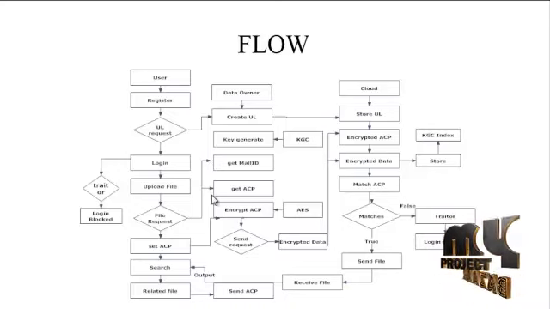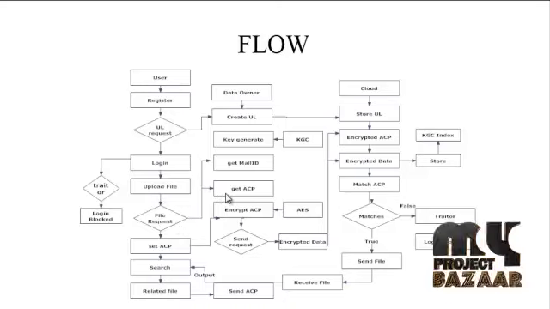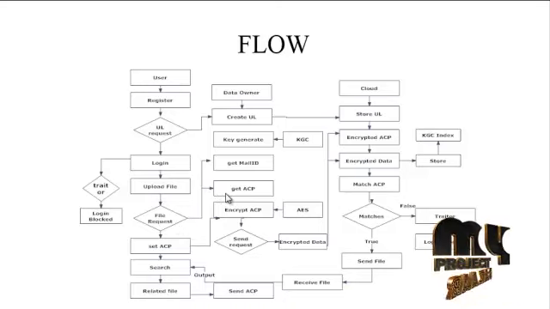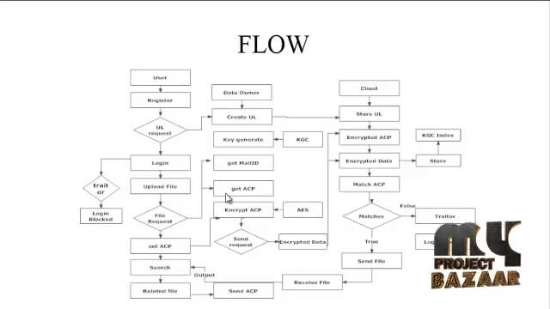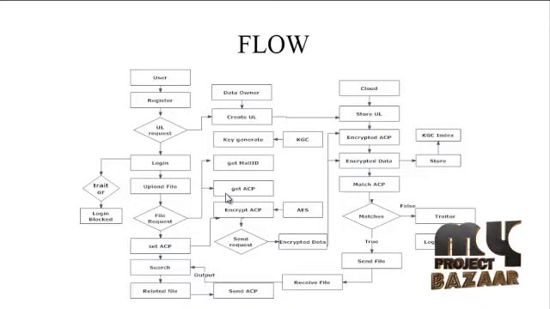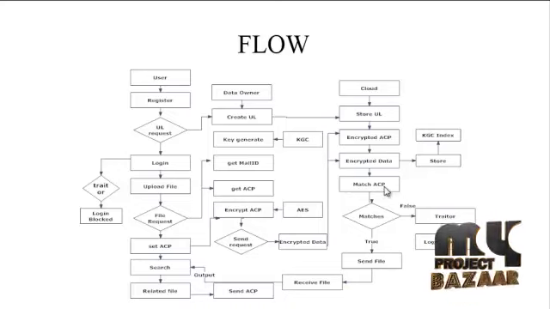Next the user will send the ACP, that is the access control policy, with their own attribute sets. If they give an attribute set such as user ID, designation, and department, this information is encrypted and stored in the cloud.